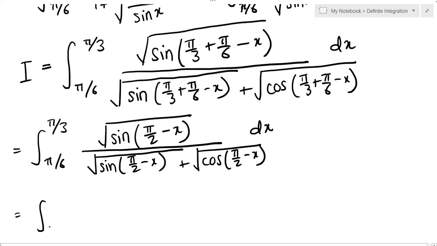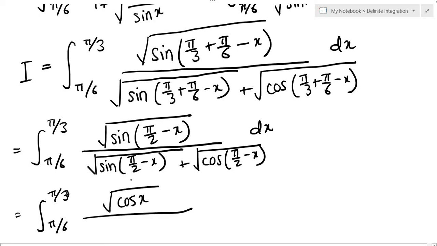Now, using our trigonometric compound angle properties, sine of pi by 2 minus x is nothing but cosine of x. Same thing in the denominator, we have the cosine of x. Here we have the sine of x dx.